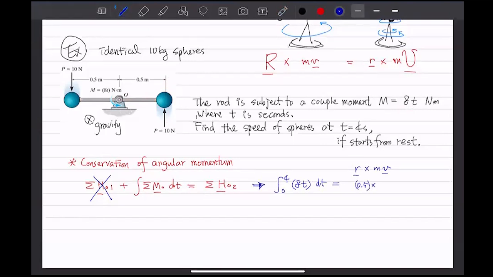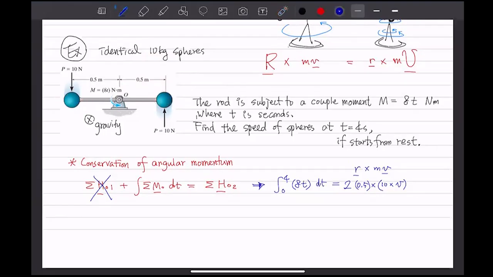M is 10 kilograms, and V is what we want to find out, right? Because we have two of them, we have to put 2 there, because it's a summation of all angular momentum. So we just found the angular momentum of this one here. The length is 0.5, the velocity we don't know, the mass is given as 10 kilograms, and we have 2 of them, so we multiply by 2.